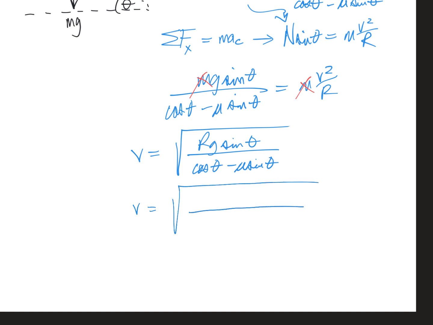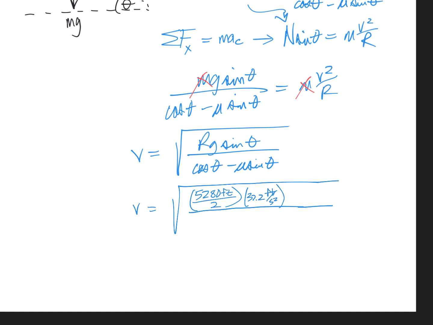According to the problem, the radius of the circle is 1/2 mile. Okay, I'm going to do everything in feet. So 5,280 feet, half of it, 1/2 mile. Since I chose feet as the unit, that means I'm going to have 32.2 feet per second squared.